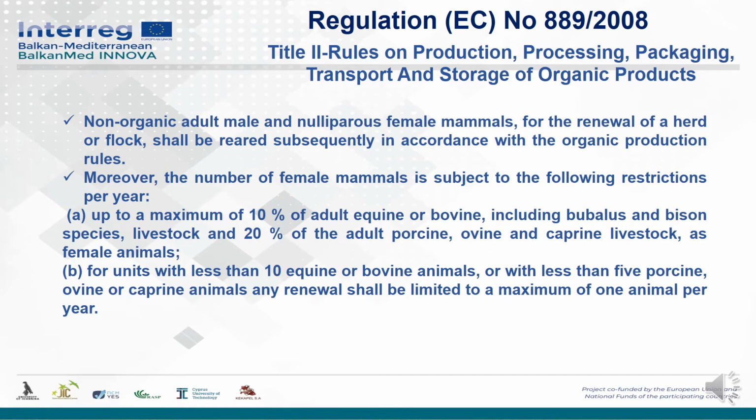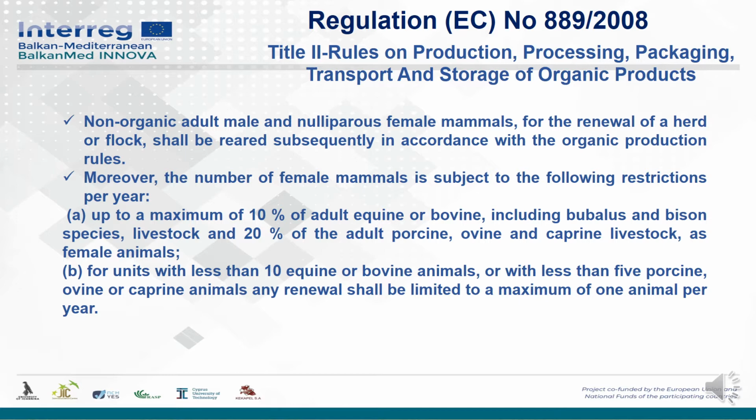Non-organic adult male and nulliparous female mammals for the renewal of a herd or flock shall be reared subsequently in accordance with the organic production rules. Moreover, the number of female mammals is subject to the following restriction per year.